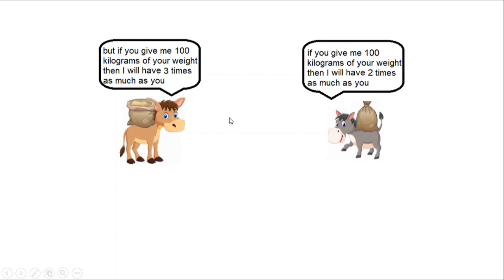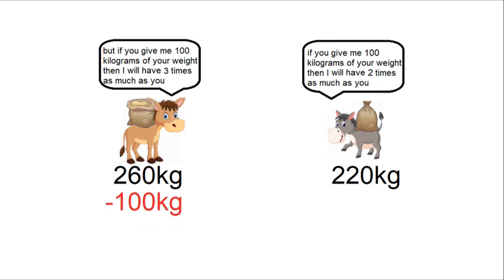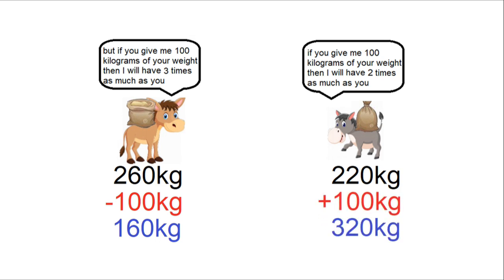So one of the nice things about math is being able to check your work. So let's do that. We said that the mule had 220 kilograms, so the donkey had 260 kilograms, and the mule said if you take 100 away from the donkey, and he's left with 160, and you give that to the mule, and he has 320, does the mule now have twice as much?